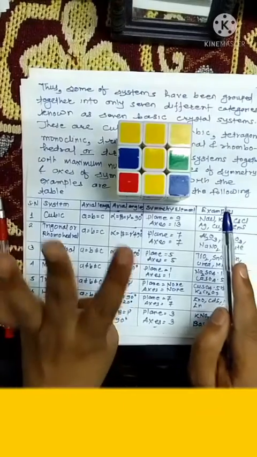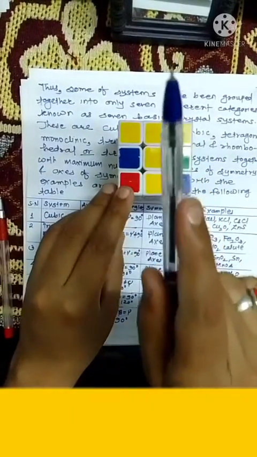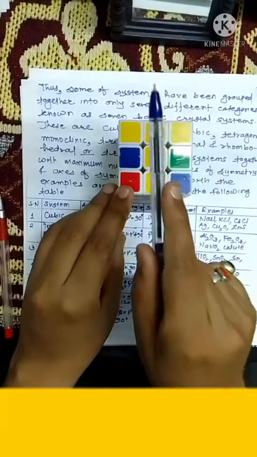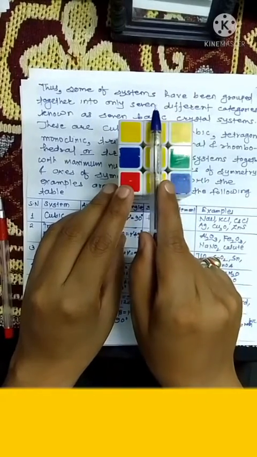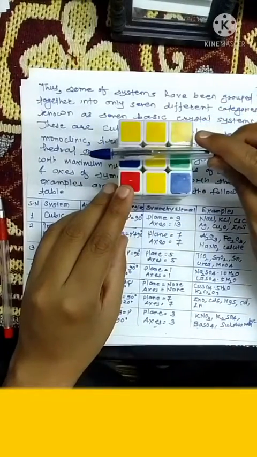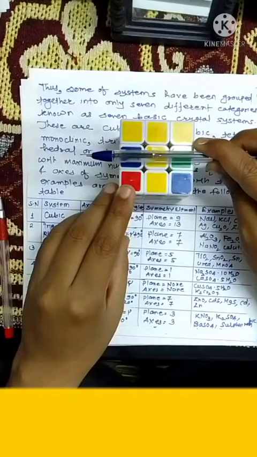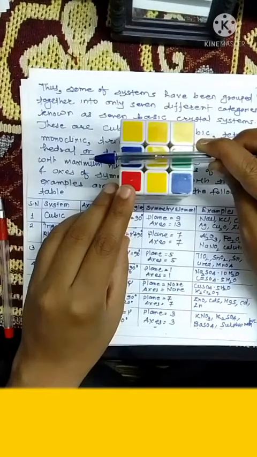So there are a total of 4 planes now. This is your fifth plane, which cuts this geometry into 2 equal halves. If I pass a plane like this, it also cuts this geometry into 2 equal halves, so it is your sixth plane.